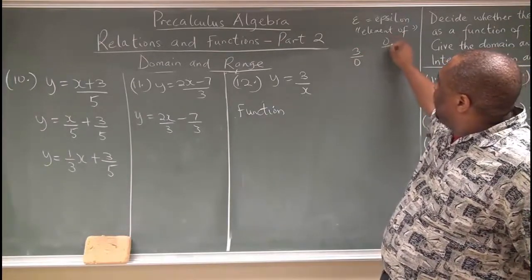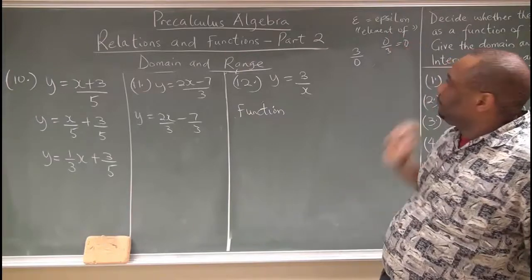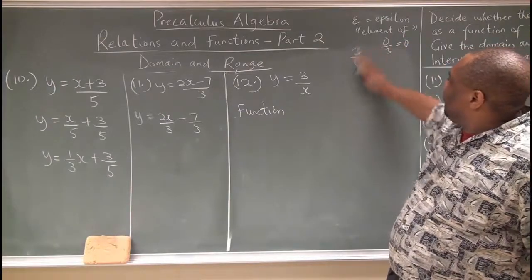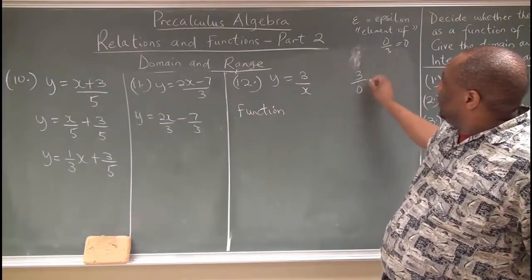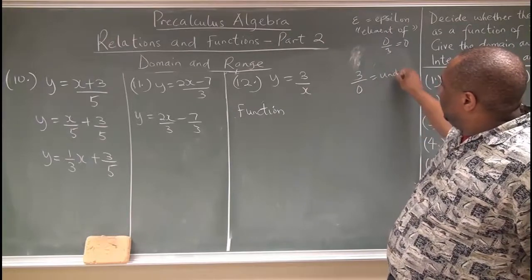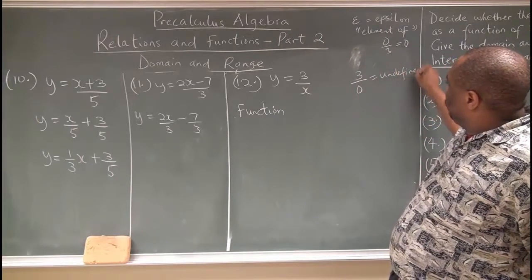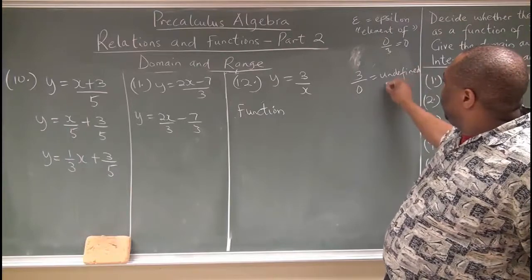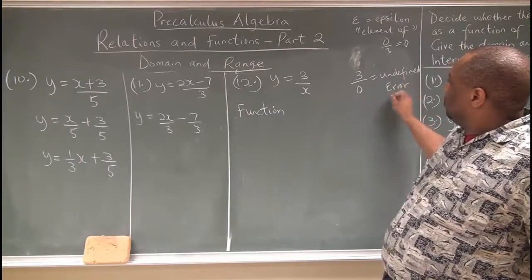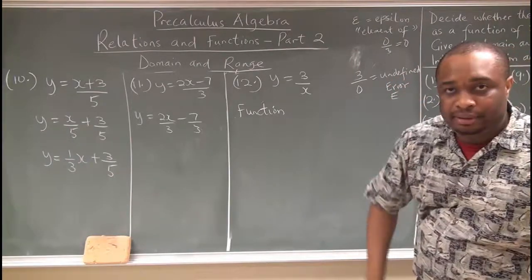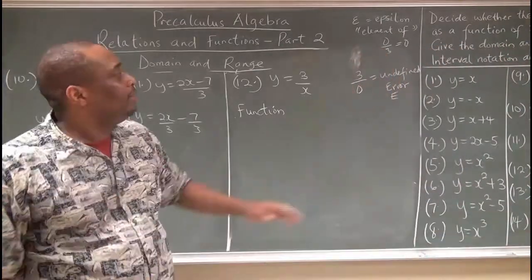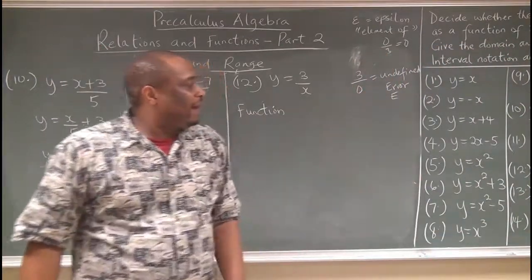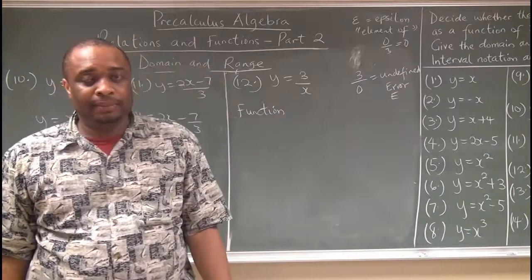Now, if we have 0 divided by 3, this gives us 0. But if we have 3 divided by 0, this gives us undefined. In your calculator, you will see E, error. Some calculators will write error. So 3 divided by 0 is undefined, or error.